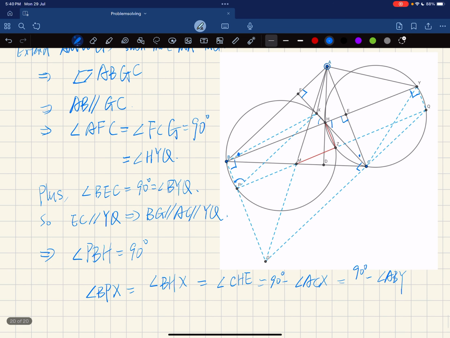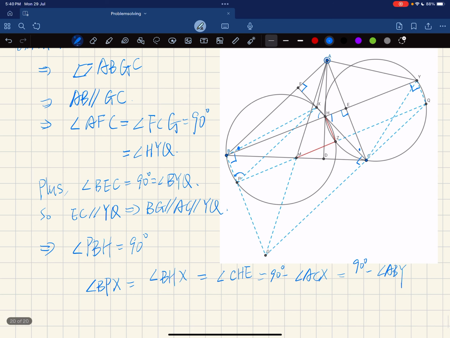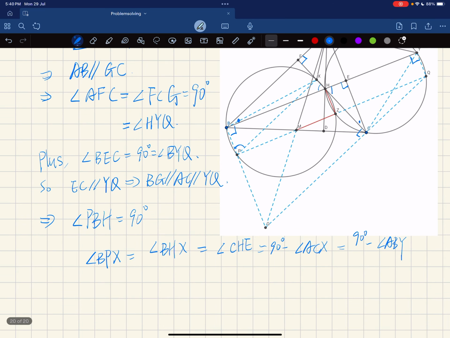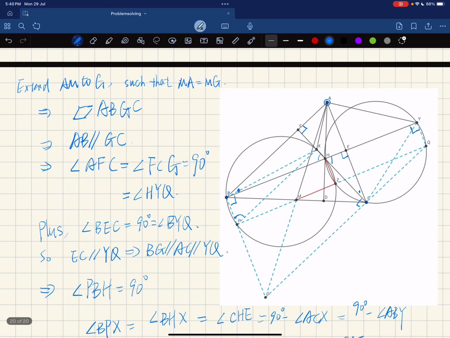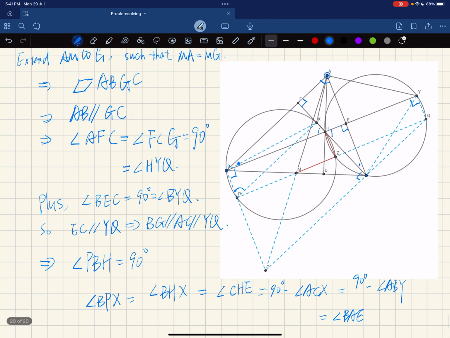So after that we have equals to this and equals to angle BA. Right? We have another perpendicular line which is BE. Yeah, so it's here.